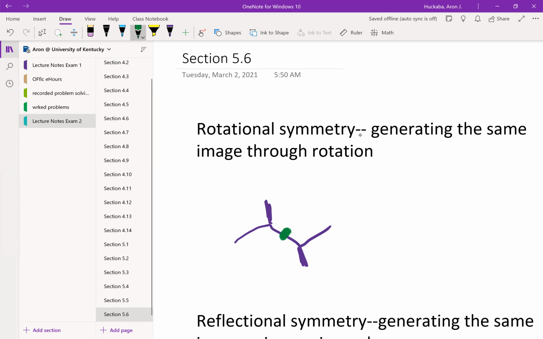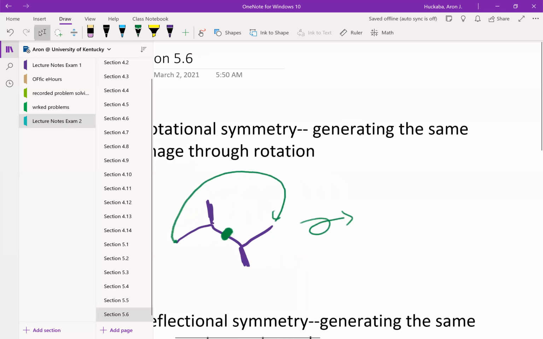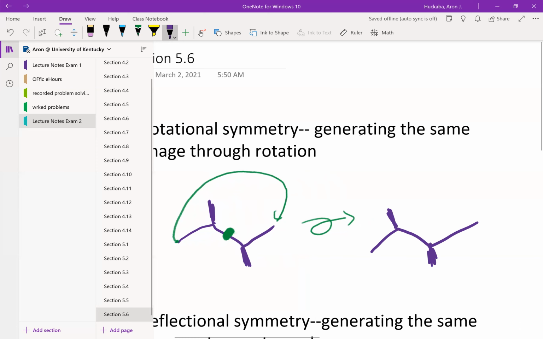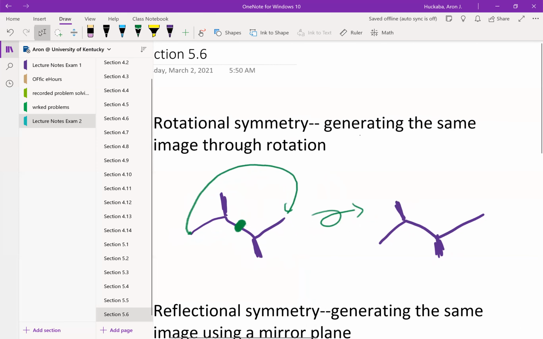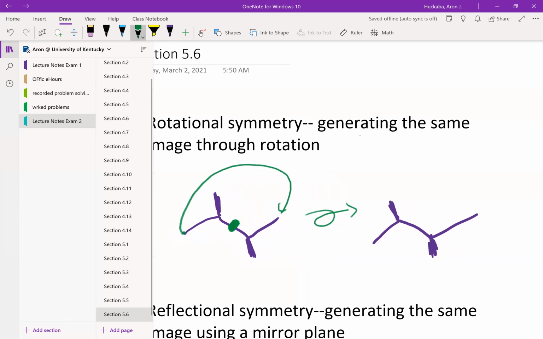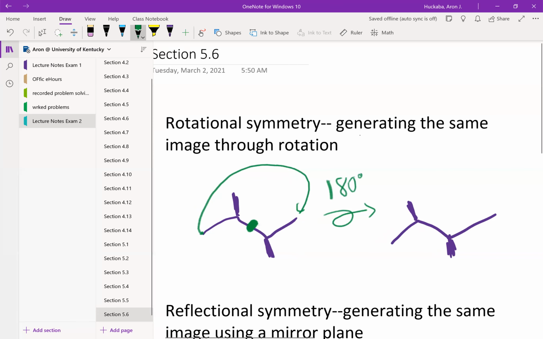So imagine that we're going to take this carbon here, and we're going to rotate it until it sits here. If you did that, what would you get? Well, I think you would find that you would get the same molecule, the identical image, right? And that's what rotational symmetry says. If you rotate by some angle, in this case 180 degrees, you get the same image, which means that there is an element of rotational symmetry present in this molecule.